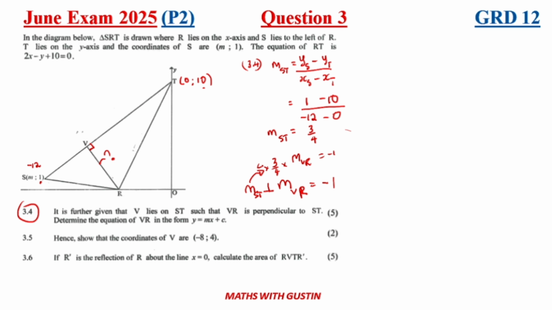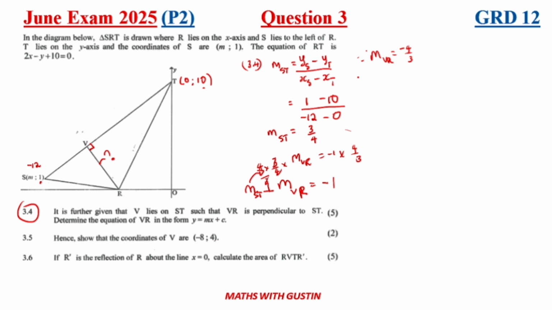So you just multiply throughout by 4 over 3, not minus. I'm already writing what's in my head. So the gradient of VR is equal to -4 over 3, so that when you multiply the two gradients, you get -1.